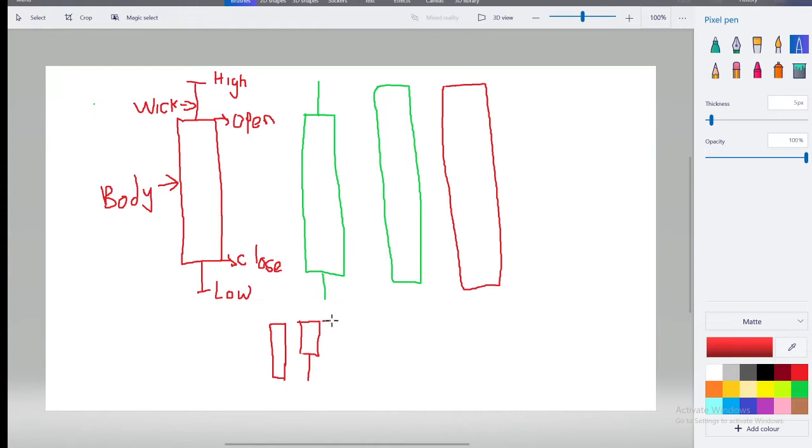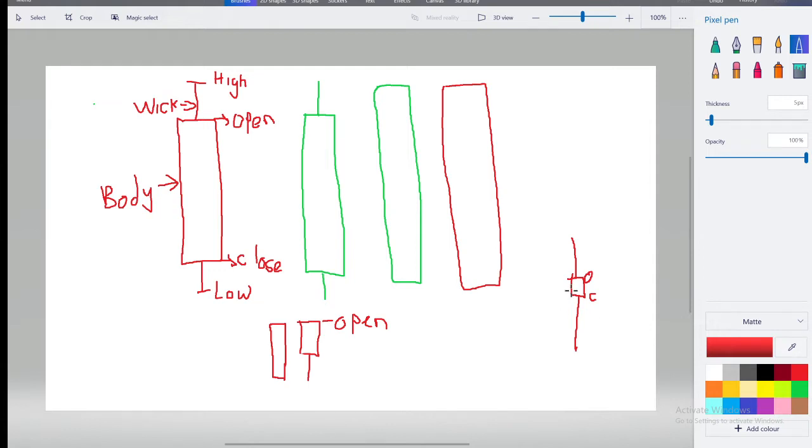Price opened here, right? Like I said, we always consider the body of a candle. When we want to look at the open and close of a candle, we always use the body to mark open and close. Even if your candle is like this, and the wick is so long, this is your open here, this is your close of the candle.